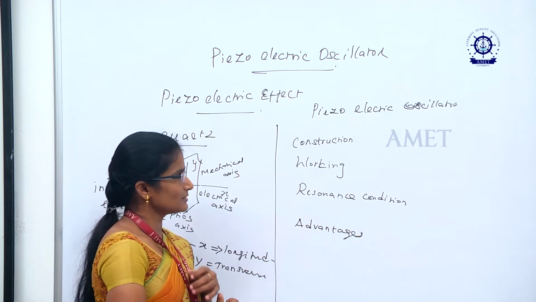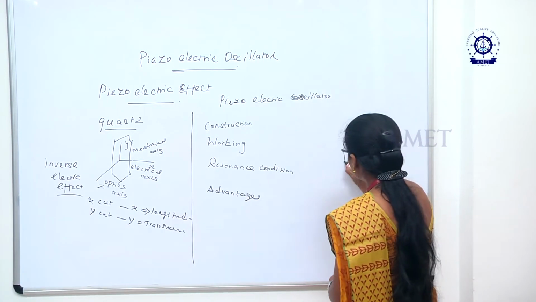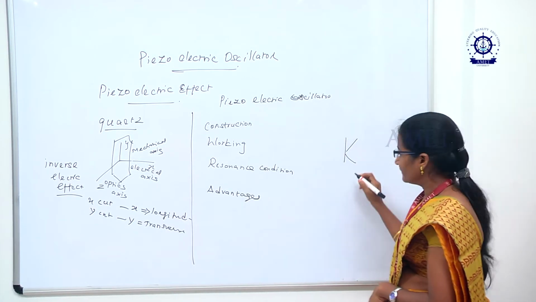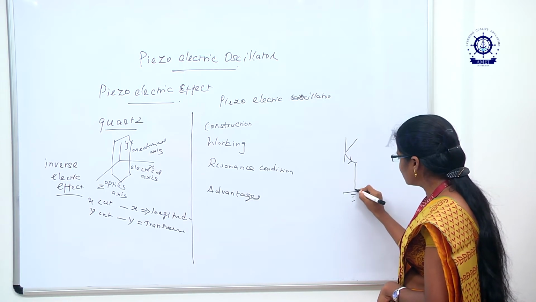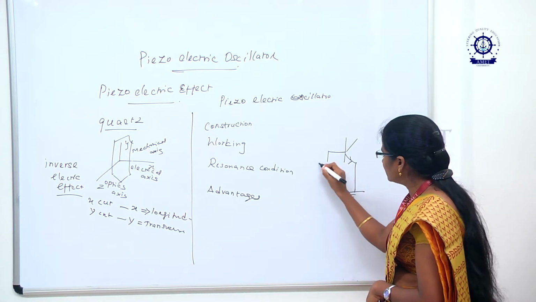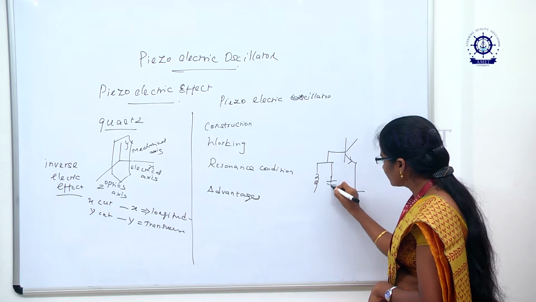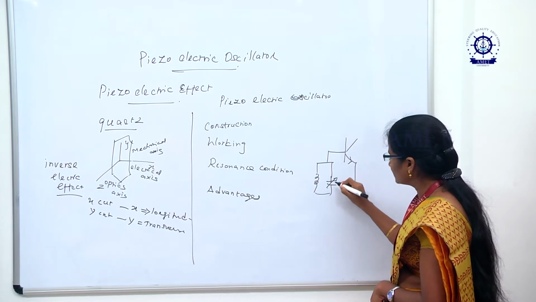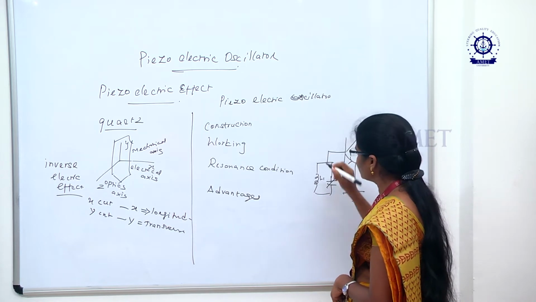What is the construction of this piezoelectric oscillator? We connect one NPN transistor. The emitter terminal goes to ground and the base terminal is connected with a tuned circuit. This capacitor is a variable capacitor. This induction coil is noted as L1.